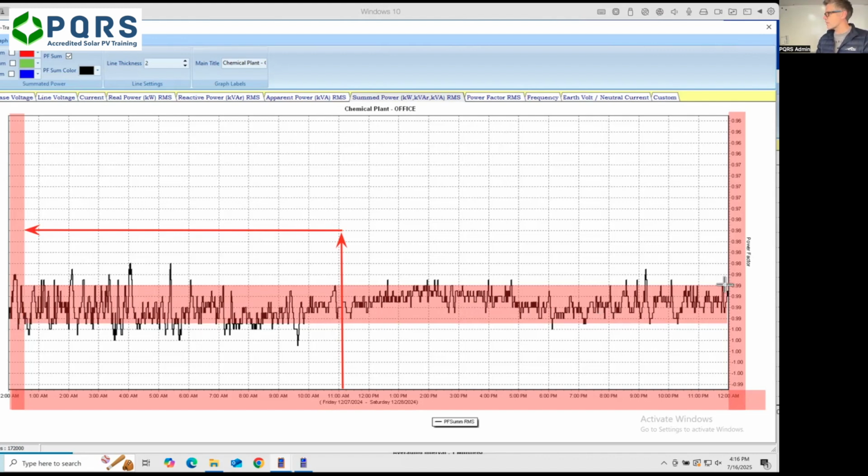If we look at the right-hand side, we'll see that where it's represented on the graph itself sits at about 0.99. That is extremely close to 1, and that is an amazing power factor. This particular site has an active power filter installed, and it manages the power factor dynamically.